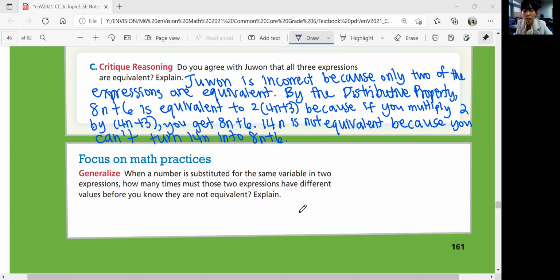Just once, right? To be equivalent, the two expressions must always have the same value when the same number is substituted for the variable in each expression. If you just have one time where the values are not equal to each other, they're not equivalent. So it should be once.